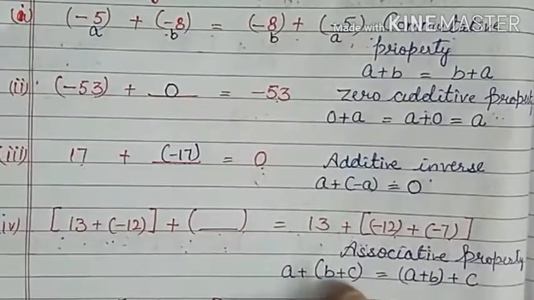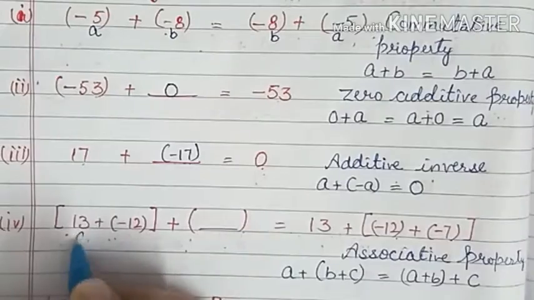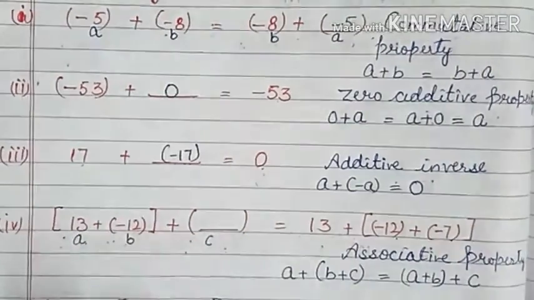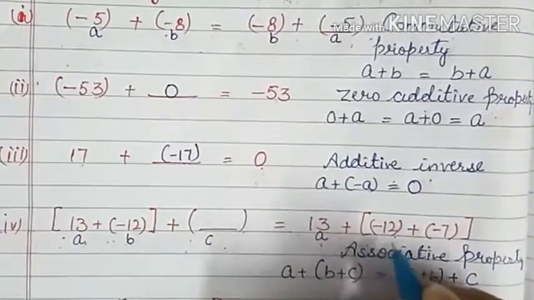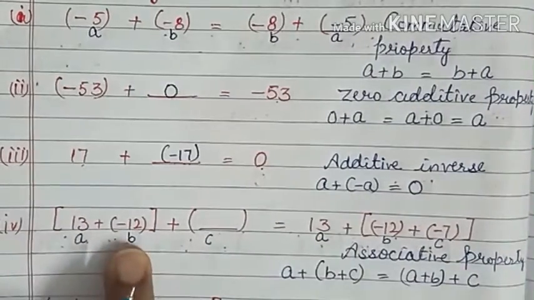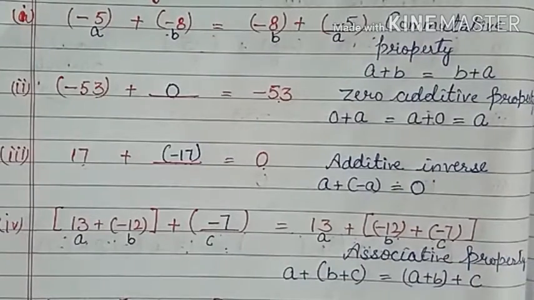That means we can add integers in any grouping. So here this is a, this is b, and this is c. So a is 13, b is minus 12, and c is minus 7. So we will write here minus 7.